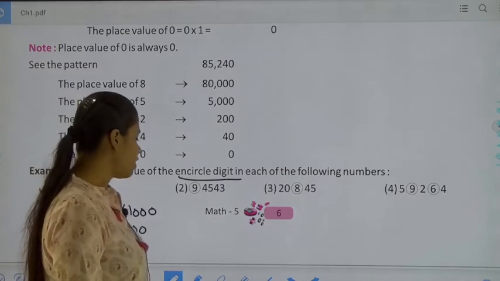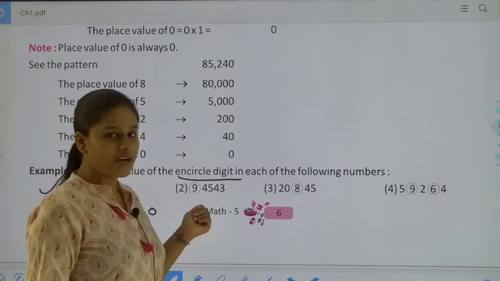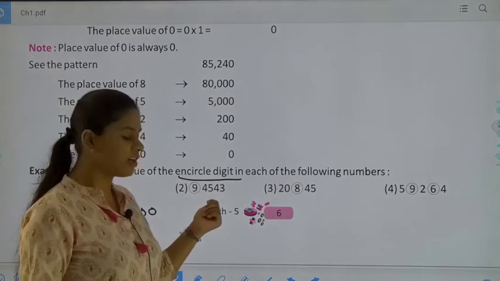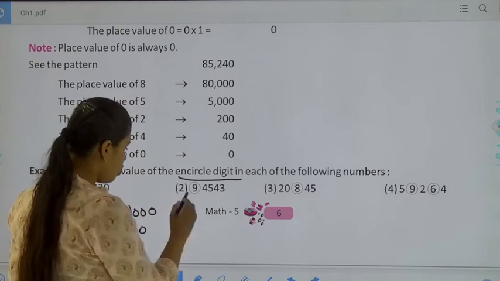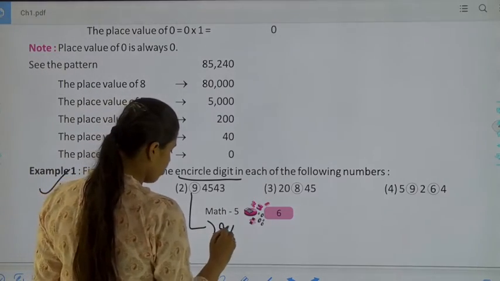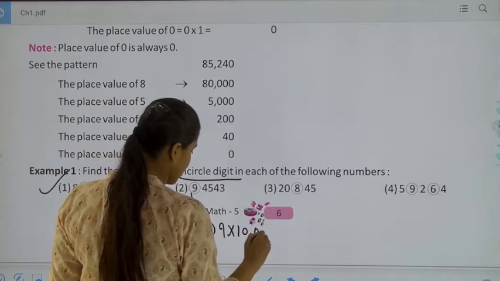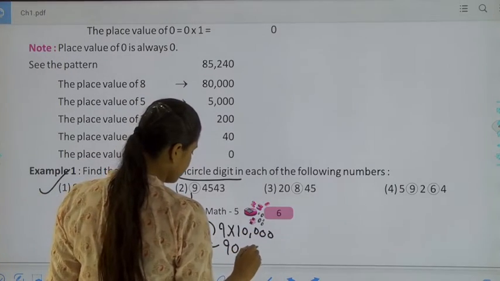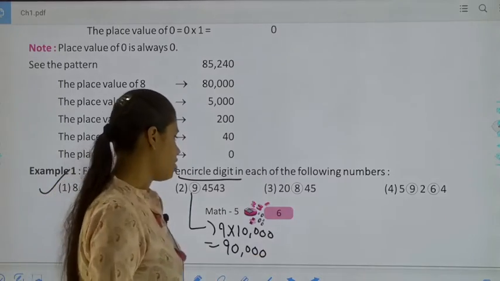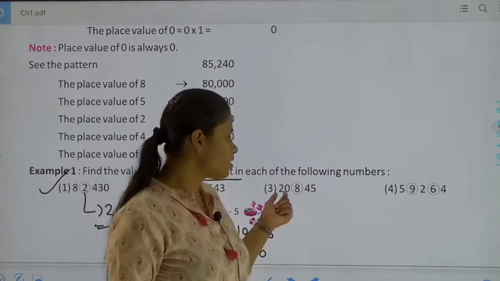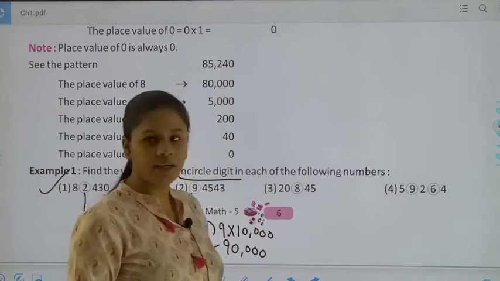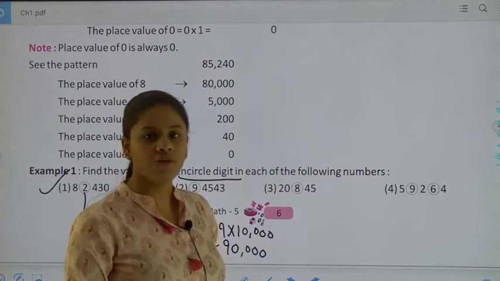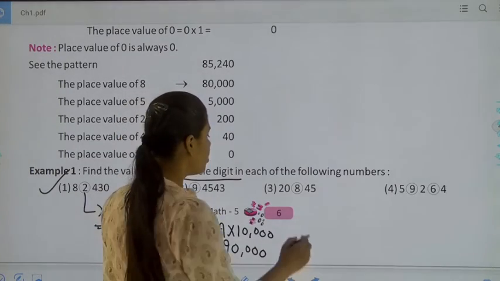Now we have to tell the place value of 9 in 94,543. So this is 9 multiplied by 10,000, it will be 90,000. Okay students, now move to the next, that is 20,845. Now we have to tell the place value of 8.